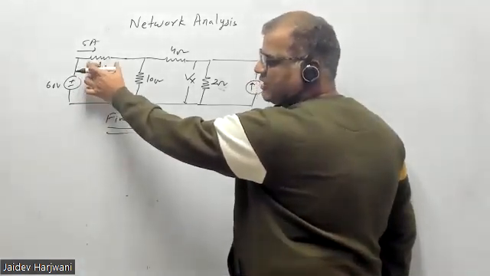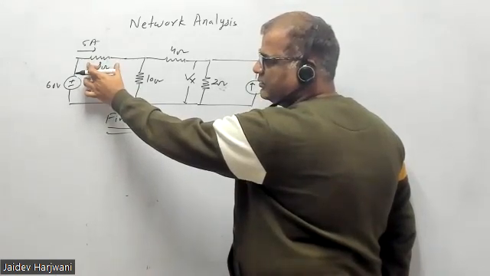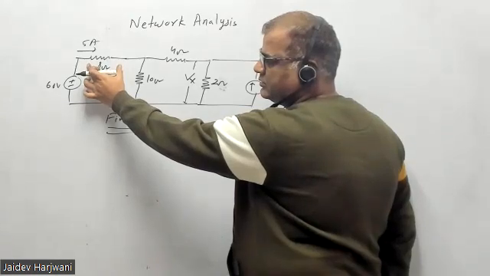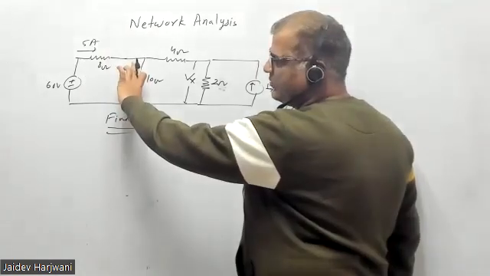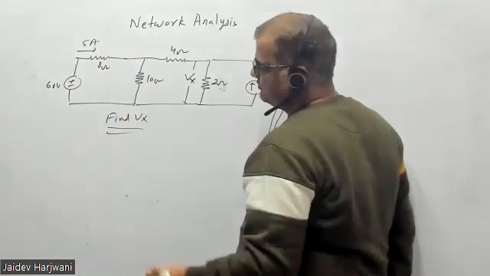This is how much volt? 5 into 8, 40 volt. So remaining here how much volt is present? 20 volt. 20 volts, very easily.